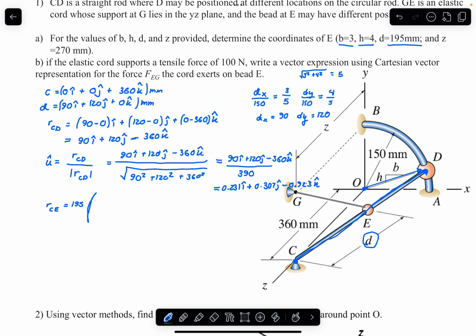So we're going to do that times 0.231 i hat plus 0.307 j hat minus 0.923 k hat. Multiply everything through. 195 times 0.231.